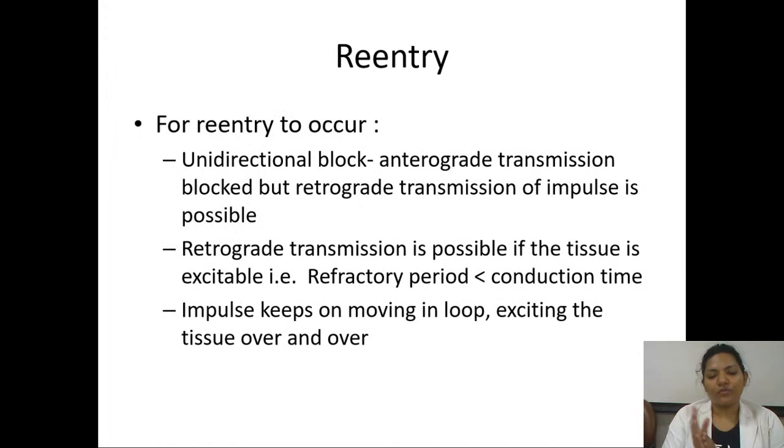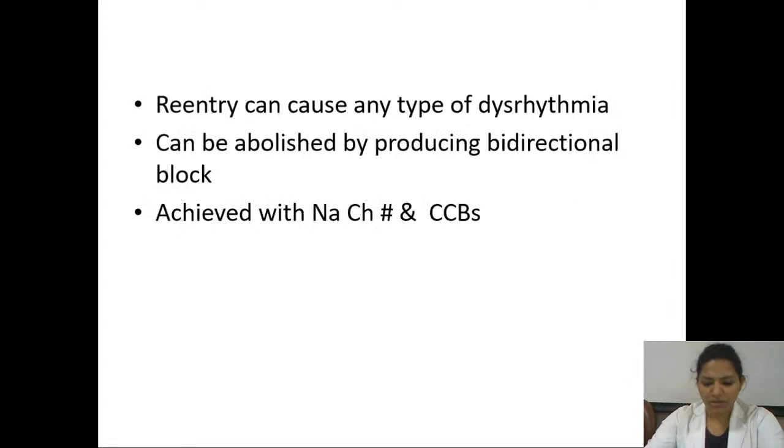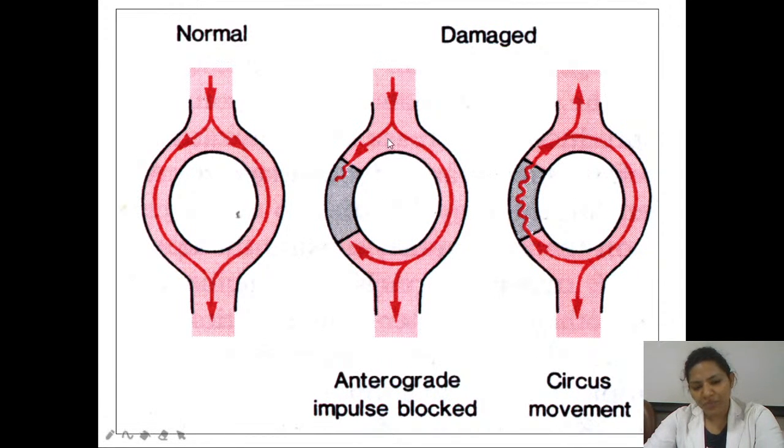For re-entry to occur, there are certain prerequisites that should be present. Otherwise, the re-entry phenomenon will not be possible. First of all, there should be a unidirectional block to the flow of the stimulus, right? If you see this diagram, only one side is blocked. There is a block to anterograde transmission, but no block to retrograde transmission.